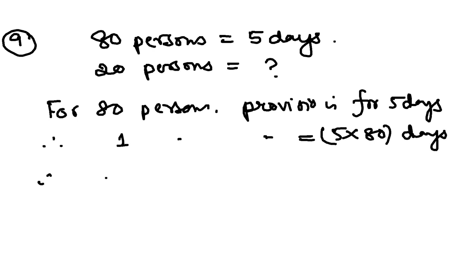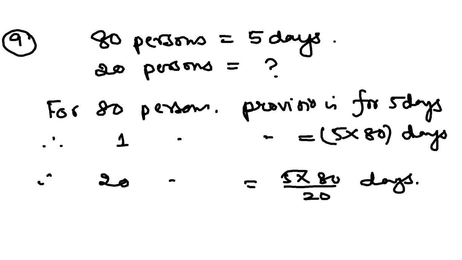So for 20 persons, it will be 5 into 80 by 20 days, isn't it? So this will be 5 into 4, 20 days. Very simple unitary method. All you have to understand is direct or inverse variation.